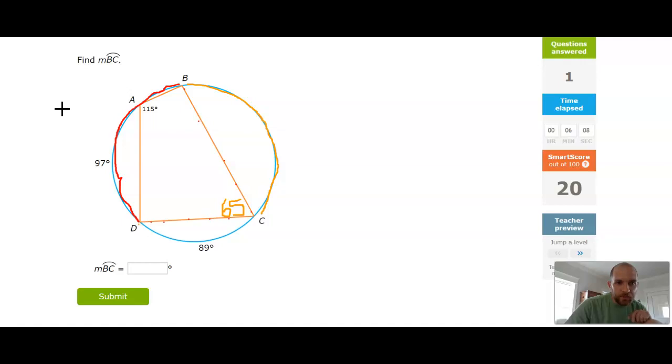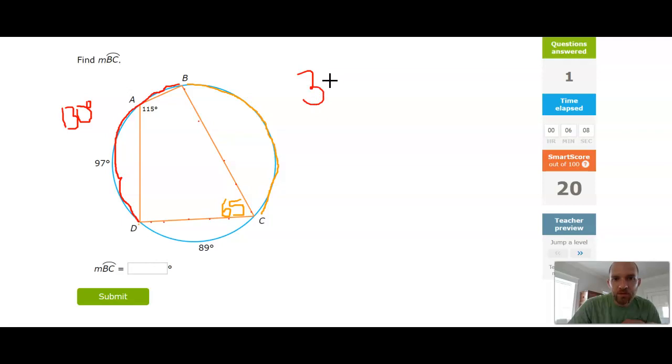So 65 times 2 is 130 degrees. And there's a reason that I'm doing this, okay? There are other ways to work this problem. When I look at CD, we get 89 degrees. We know this whole thing over here is 130 degrees, and the whole circle is going to be 360 degrees.